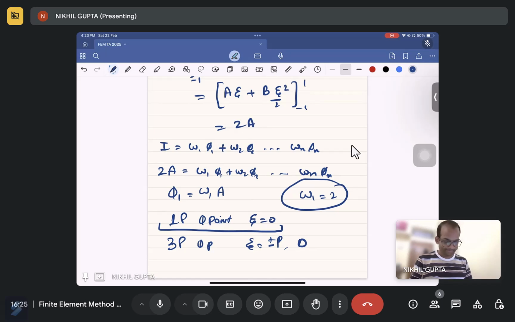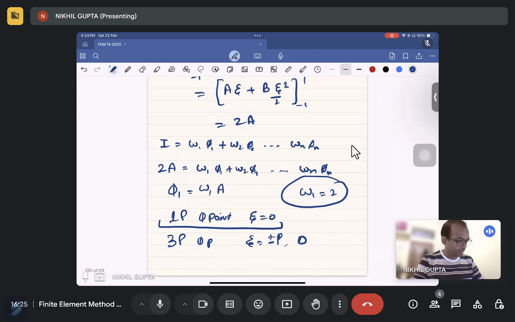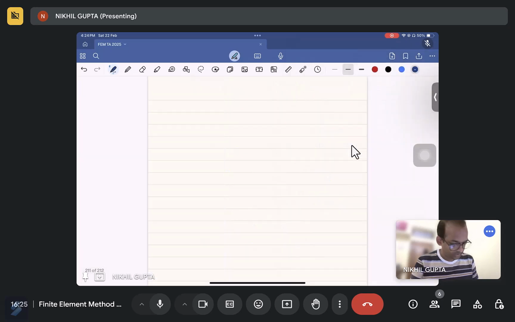But I didn't understand why xi equals 0, and these plus minus p sampling points you have to take. It is defined that the sampling points are also calculated. The property of sampling points is that they should be symmetric with respect to xi equal to 0. So if you are using one sample point, xi will be 0.